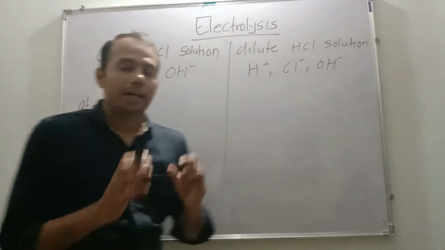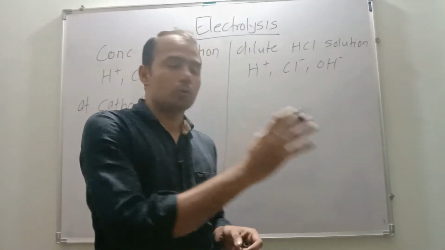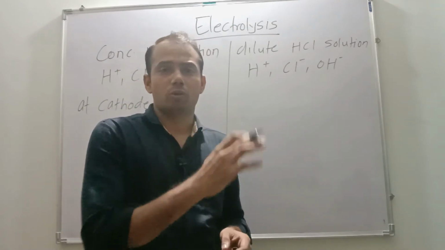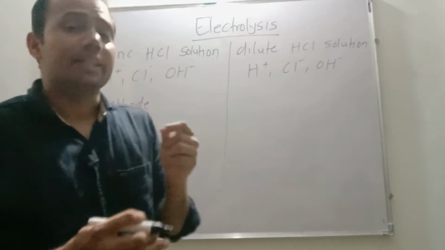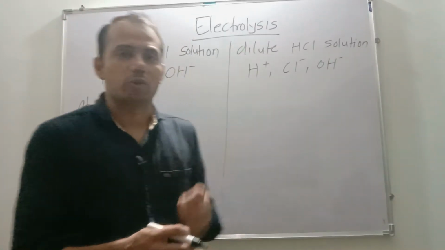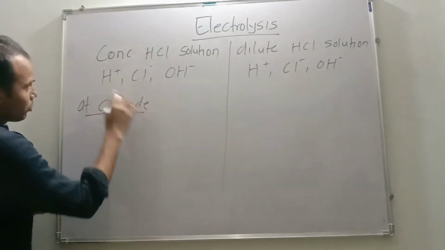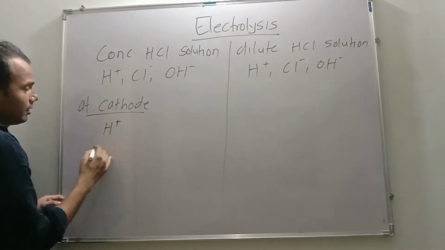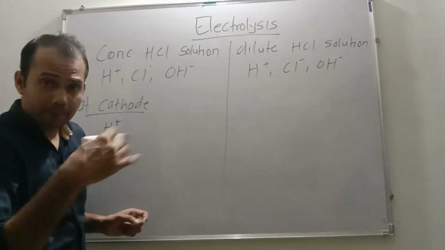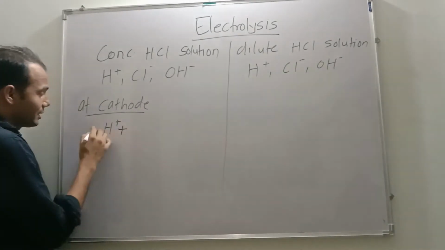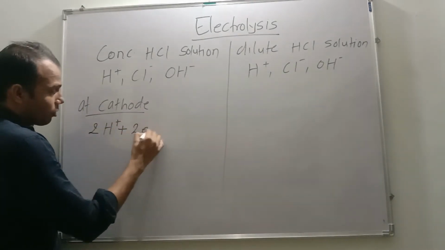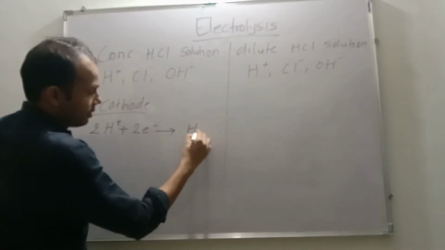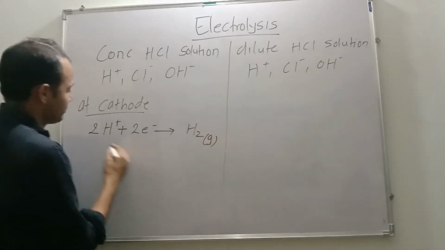At cathode, cations, either hydrogen or metal, move towards the cathode, and a reduction reaction happens at cathode. So H plus ions accept electrons, 2 hydrogen ions accepting 2 electrons and forming hydrogen gas.